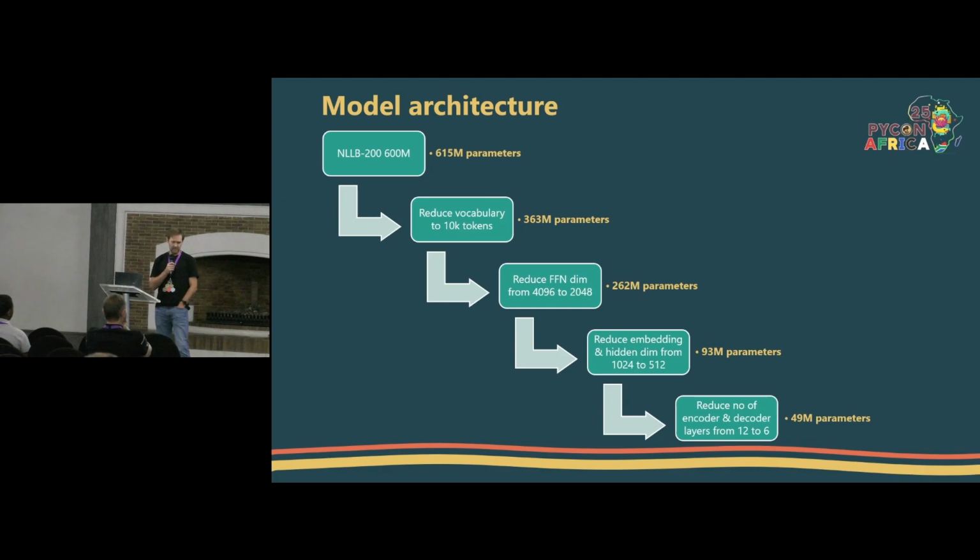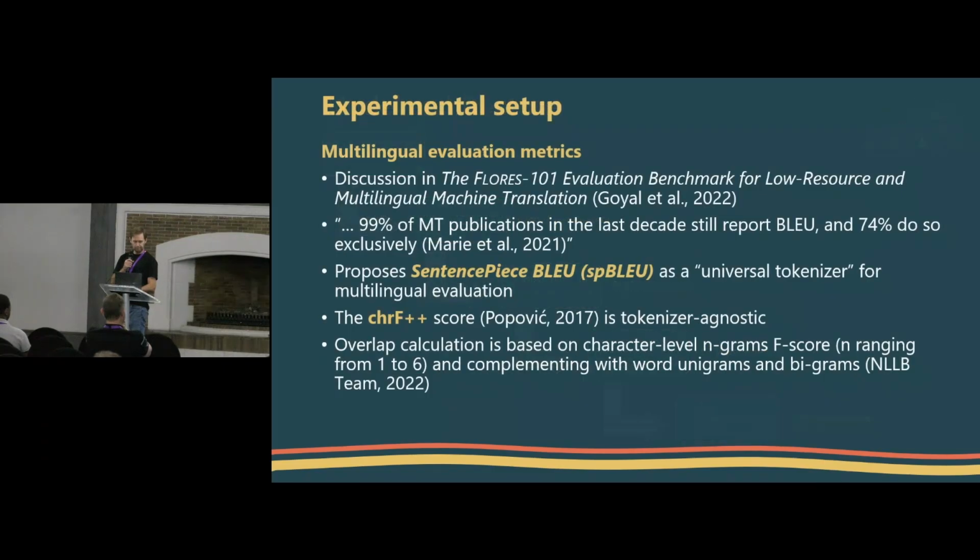Another 100 million when you reduce the dimensionality. Another 170 million or so that you lose when you reduce the hidden layer size and the number of layers, until you get down to 50 million parameters.